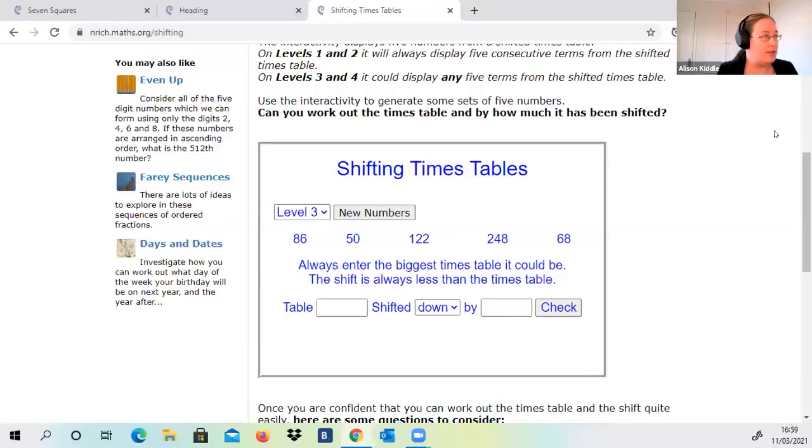And I wonder if anyone can suggest a strategy for working out what the times table and what the shift would be for this sequence. If you've got pen and paper, you might want to start jotting down how you might work this out.